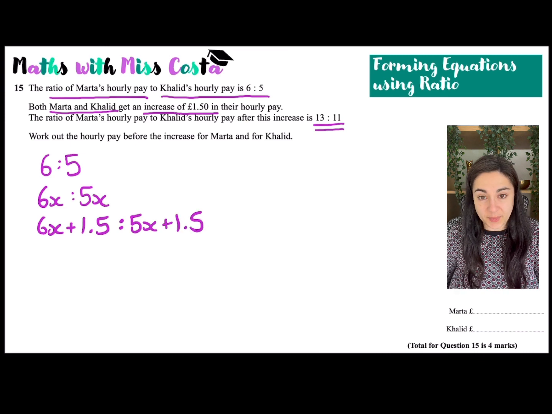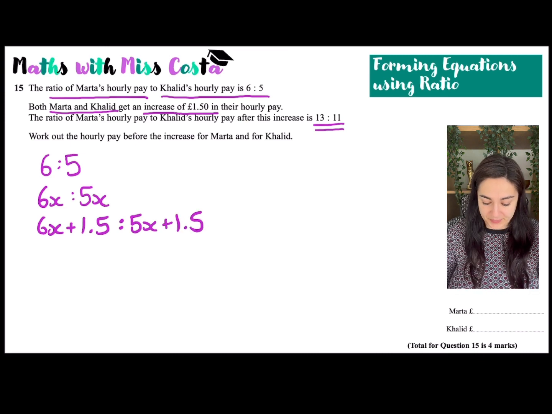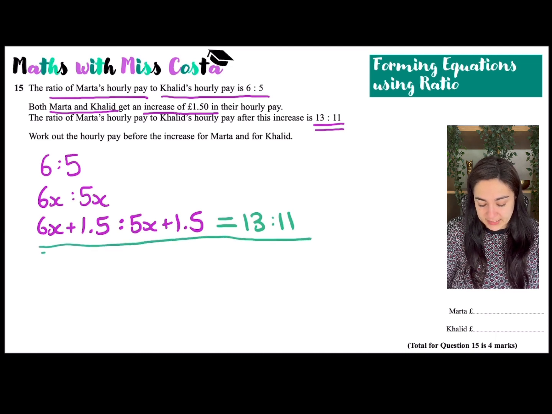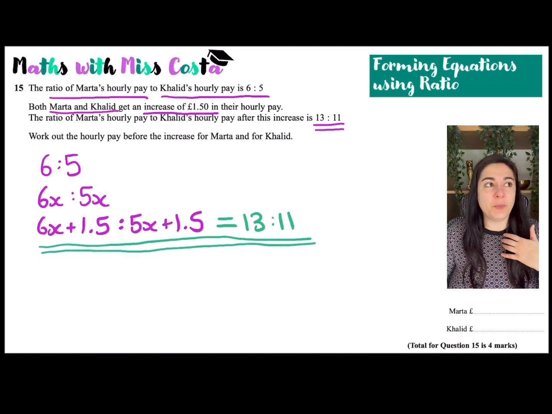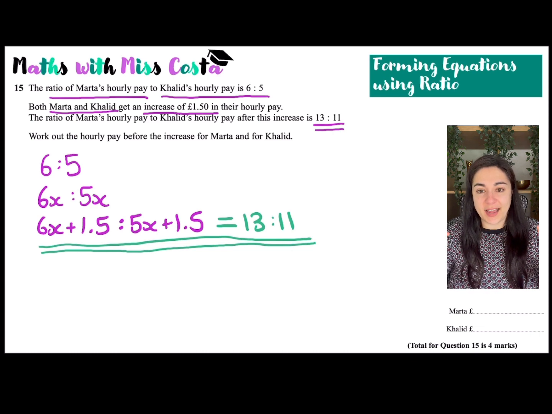Okay, so that's the new expression for their hourly pay after this increase. And I know that that is equal to 13:11. So their original hourly pay was just 6:5, but now it's this, and it's equivalent to 13/11. Now, whenever you have an algebraic expression and a ratio, you can make them equivalent in fractions, but I'll just show you what I mean.